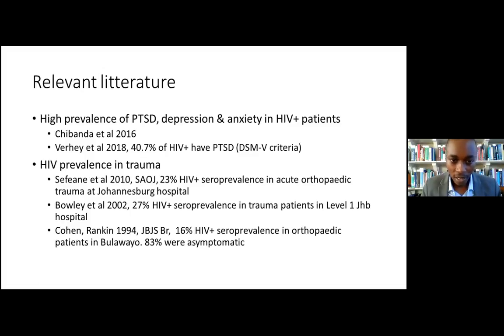At the same hospital in general trauma, not restricted to orthopedic patients, the HIV seroprevalence was 27%. And in a study done in 1994 in Bulawayo by Cohen and Rank, it's a long time ago, this was 16%, and 83% of those patients were asymptomatic.